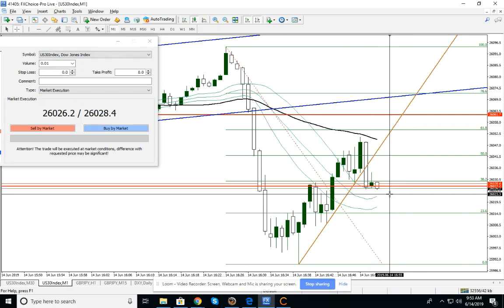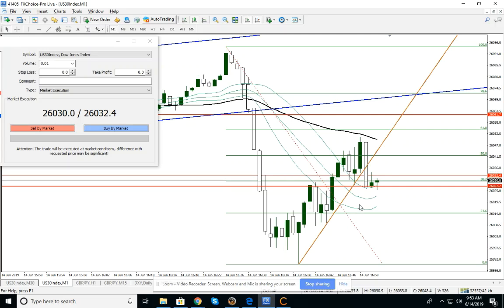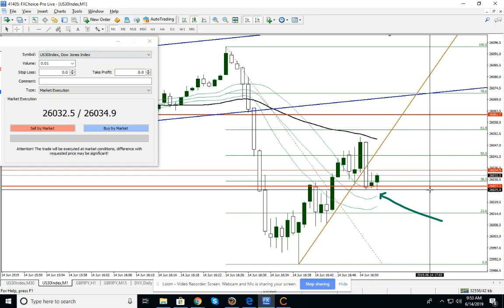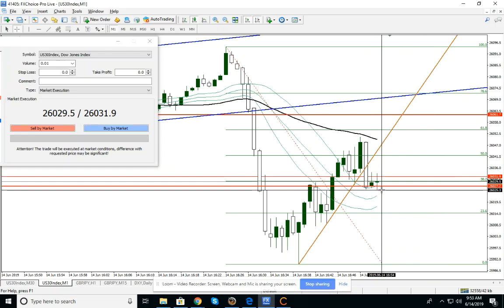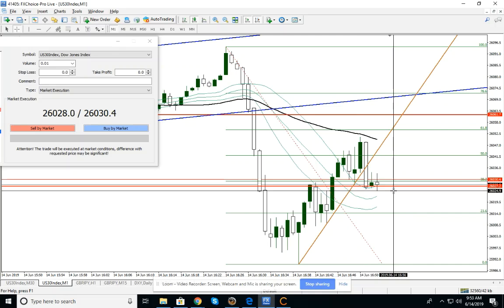How many? That's about 9. Okay, you see that? Sometimes you could almost see that that low is lower than this low here. Okay, see?